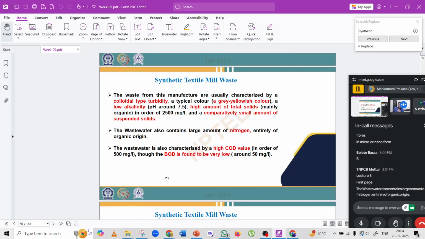Wastewater also contains a large amount of nitrogen, entirely of organic nature.